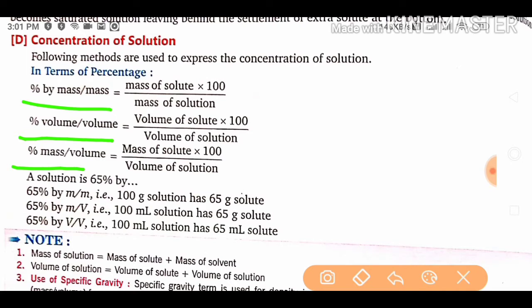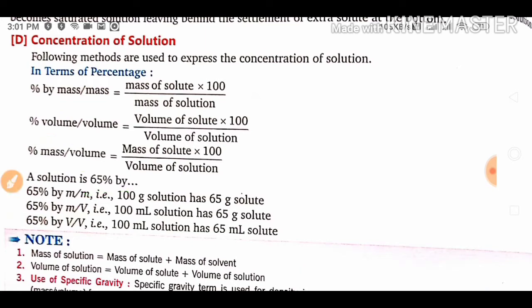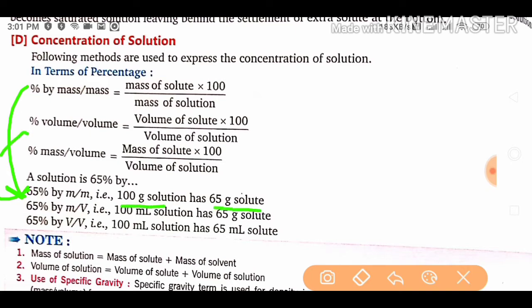So for example, a solution is 65% mass upon mass. This is the example I relate. 100 gram solution has 65 gram of solute. In mass upon volume, 100 ml solution has 65 gram of solute.